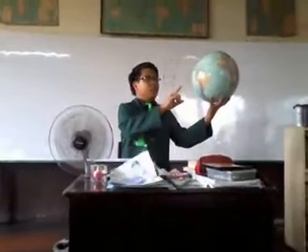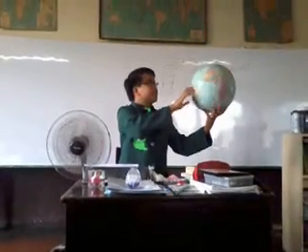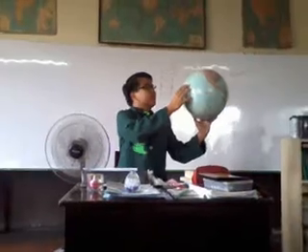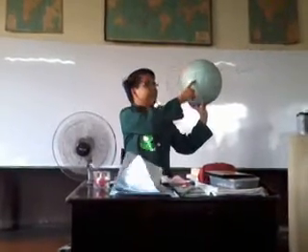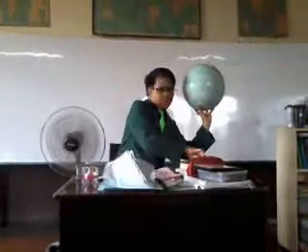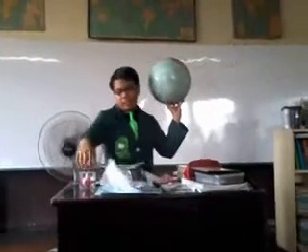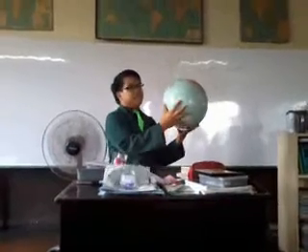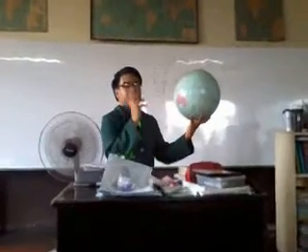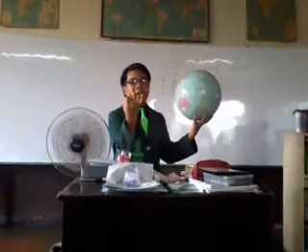So you have the Tropic of Cancer, which is on top of the equator, and under the equator is the Tropic of Capricorn. When you are choosing a map, always determine the shape, the size, and the location.